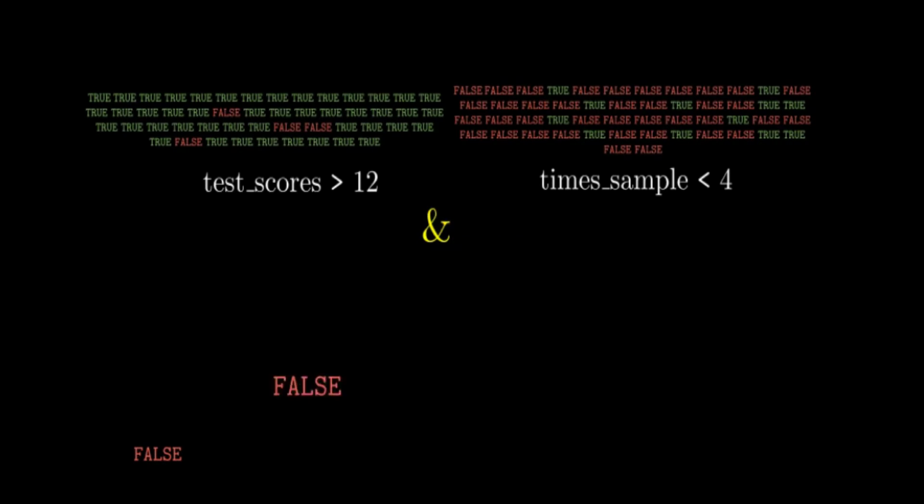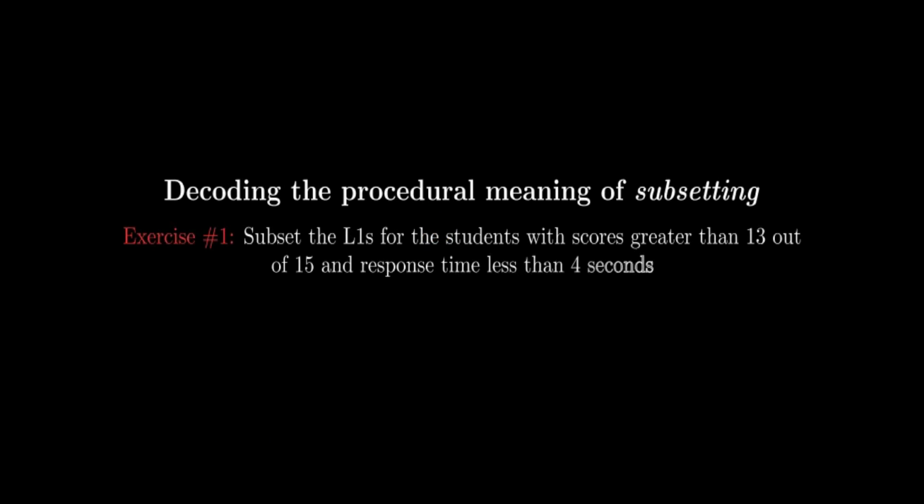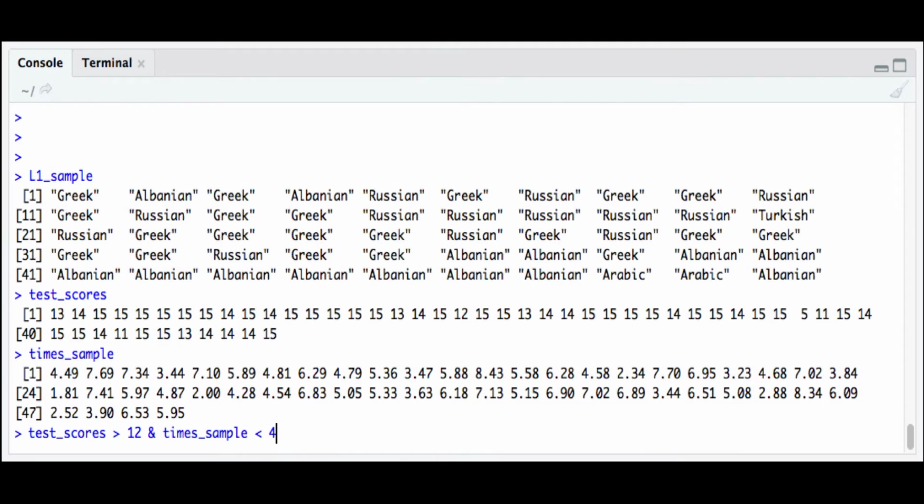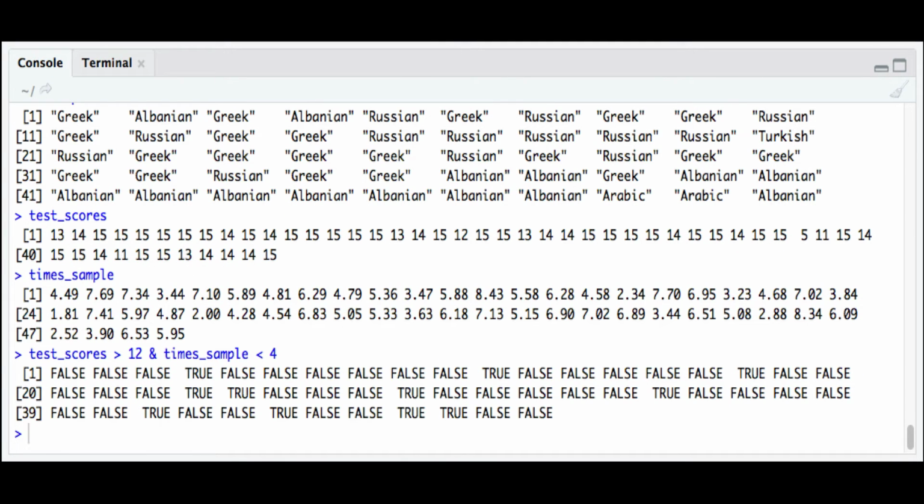The ampersand or logical AND operator serves exactly that purpose. Namely, it compares the results of the first comparison with the results of the second comparison and assigns a true value only when the pairwise results are both true. Let's see the contents of the final logical vector directly in the RStudio console.